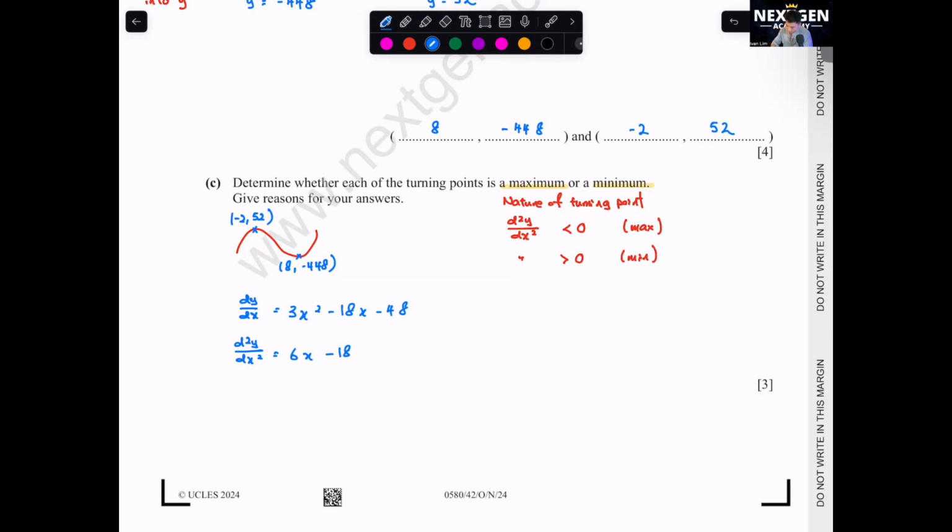Okay, so at x equals to 8, we just do the 8 one first. D square y over dx square is equals to 6 times 8 minus 18, which is equals to 30. 30 is more than 0. So this point here, 8, minus 448, is a minimum.